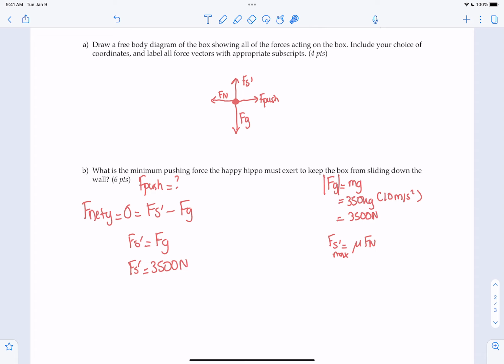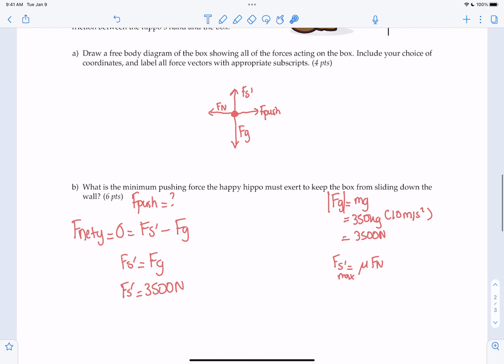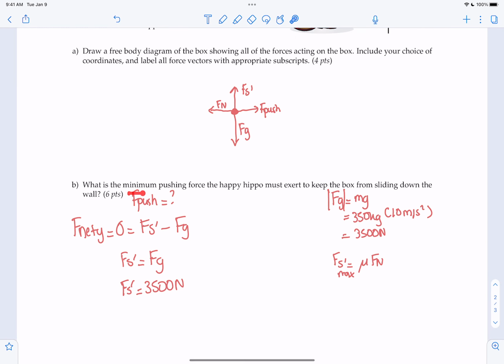It's kind of weird to describe, but basically, if you're pushing against that wall, and you're keeping things constant in the x direction, gravity would cancel out the static friction force, but the static friction force isn't at its maximum until you apply a minimum pushing force.